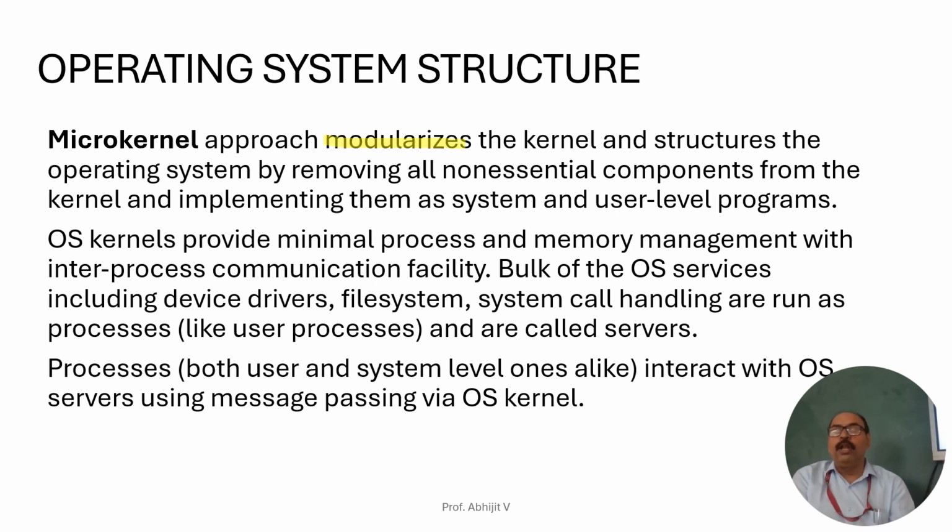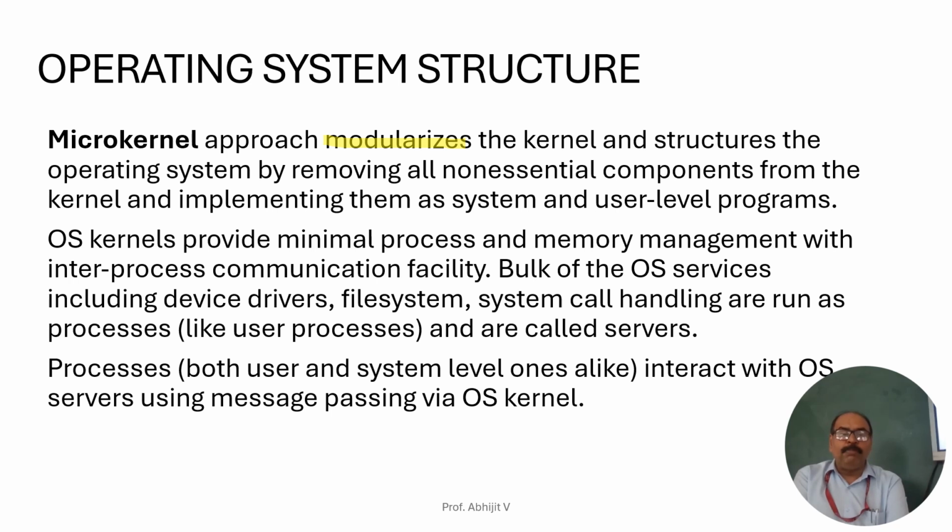Instead of having a single big program, you are dividing it into different modules, and this creates a structure, right? By removing all non-essential components from the kernel. Whichever things are not important are removed from the kernel, and implemented as system and user level programs.